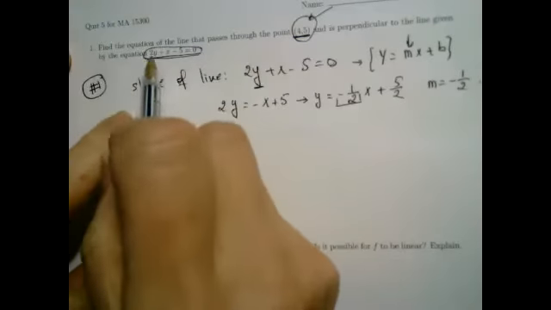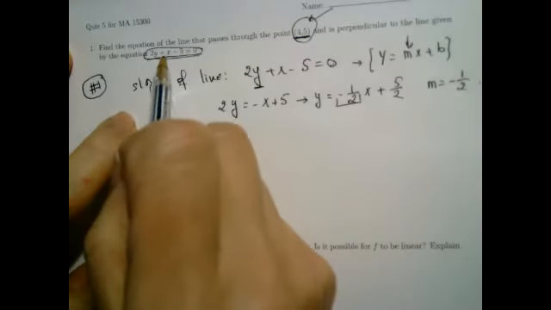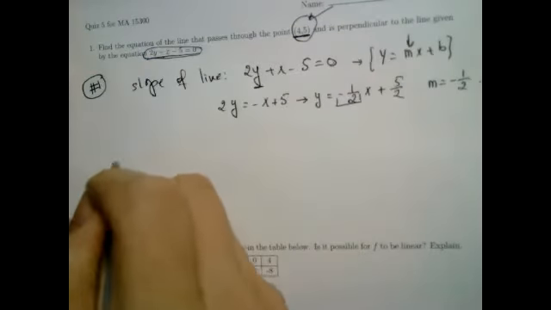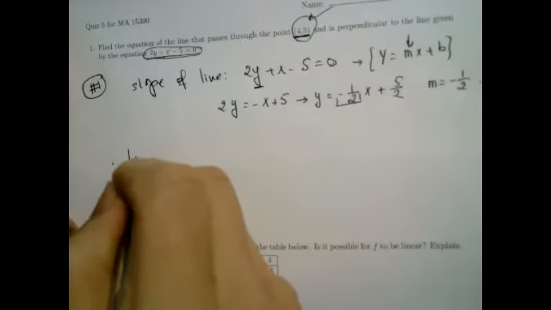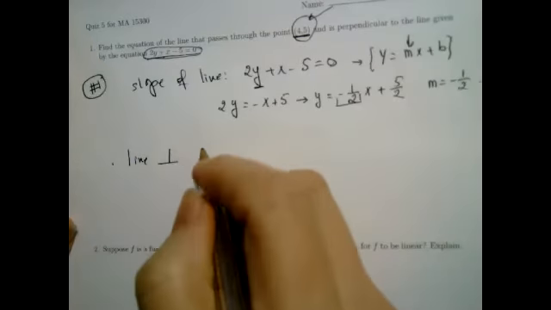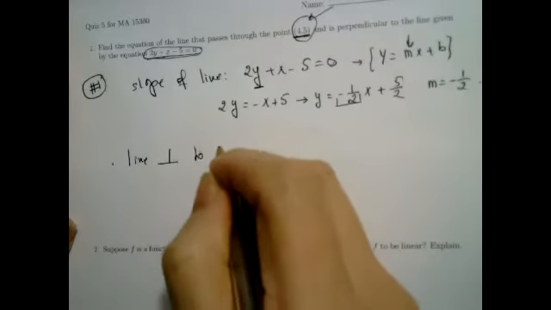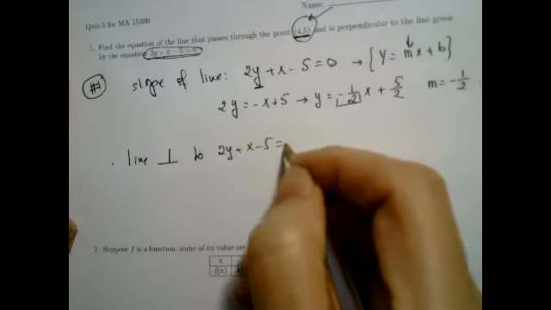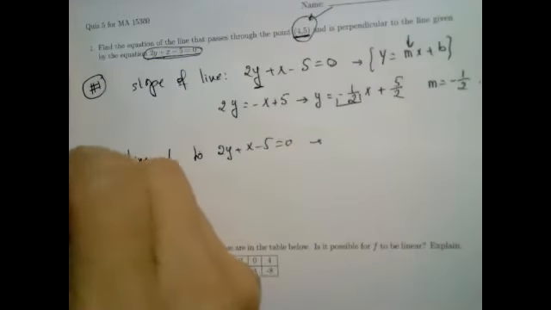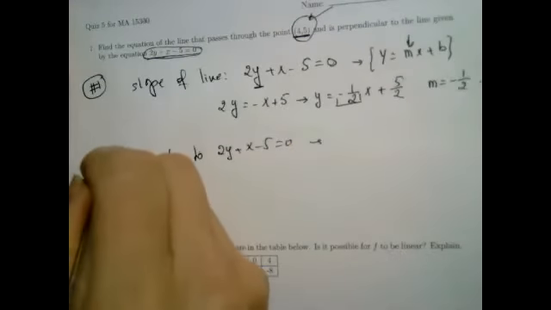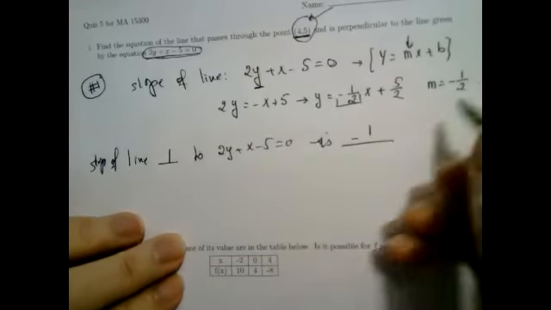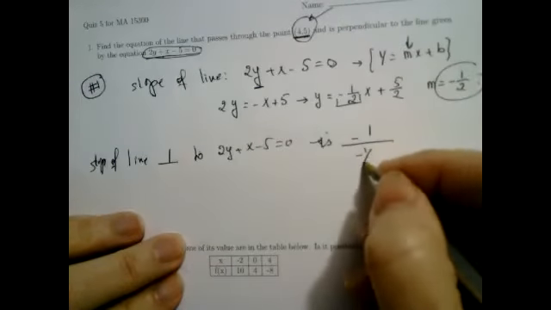But what I'm interested in is not this line. I'm interested in the line which is perpendicular to this line. So the slope of the perpendicular line is minus 1 over minus 1/2.